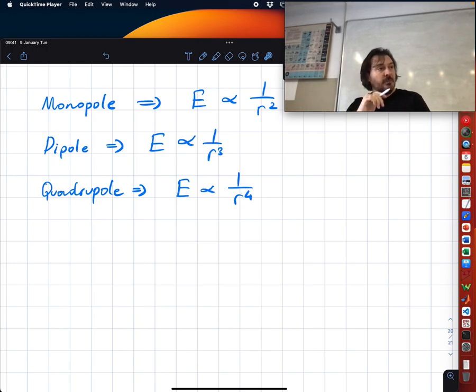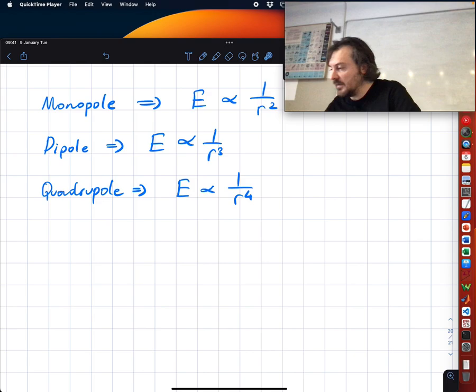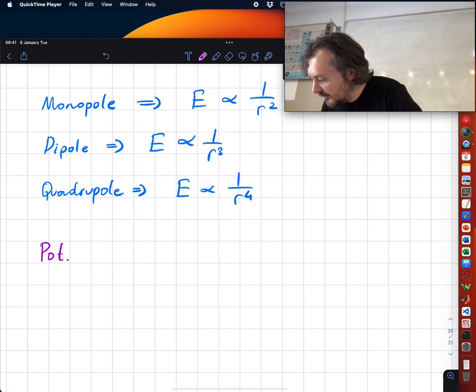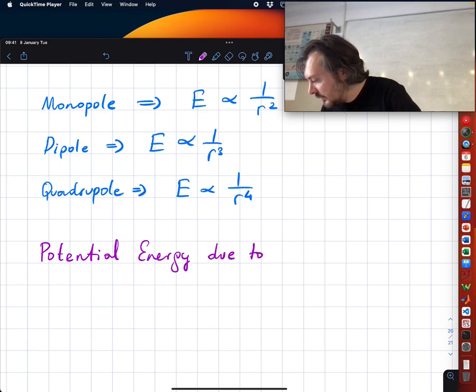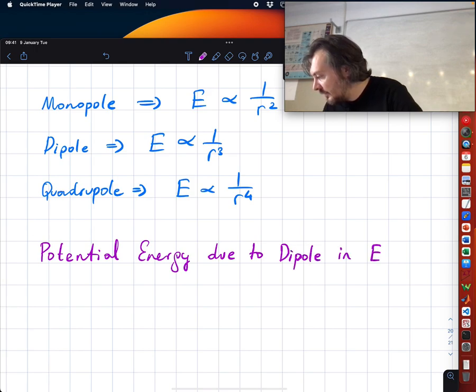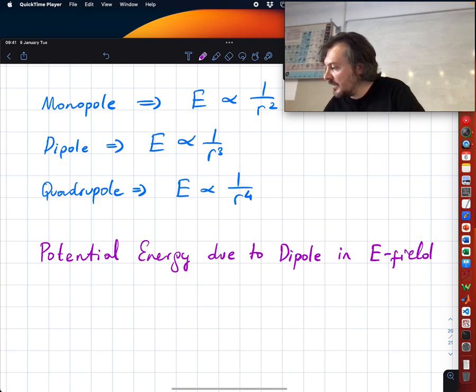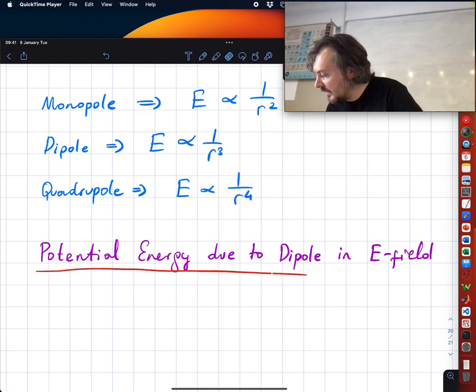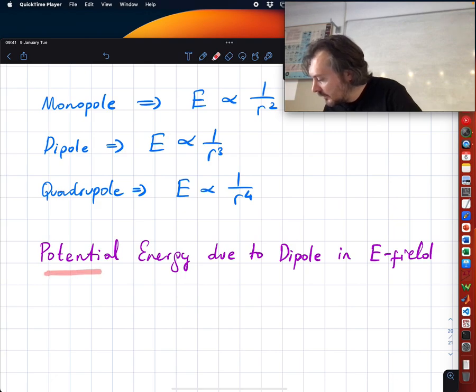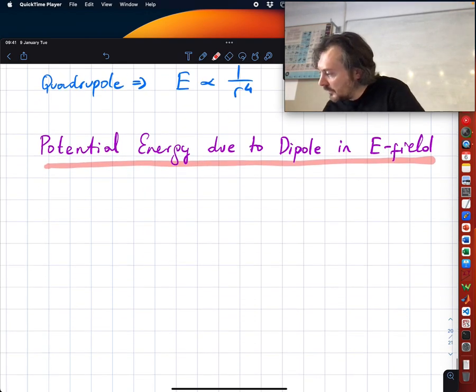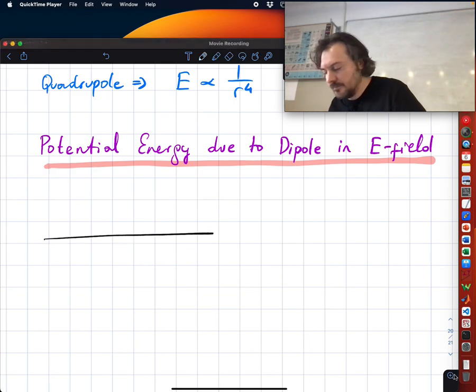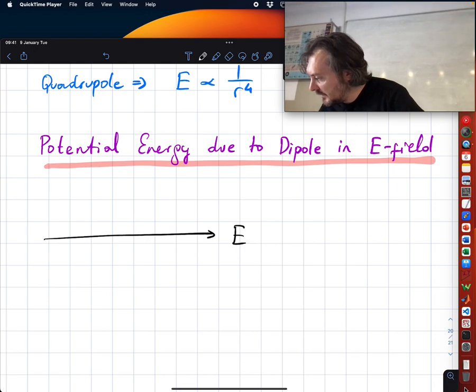Another thing that you should remember is the potential energy due to a dipole moment in an E field. Let's say I have a dipole and it's inside an electric field. So this is the electric field, and this is my dipole.